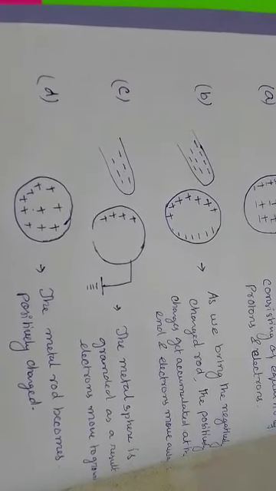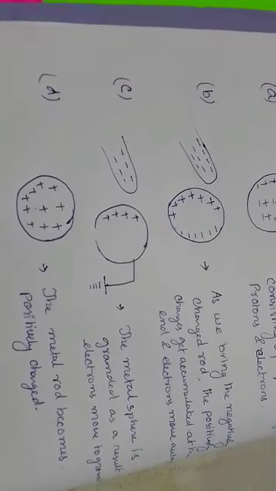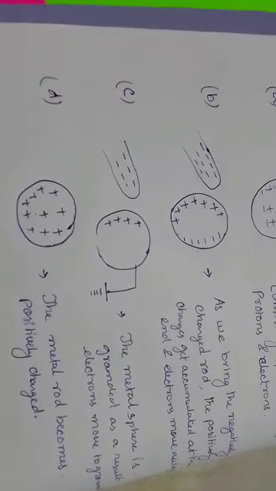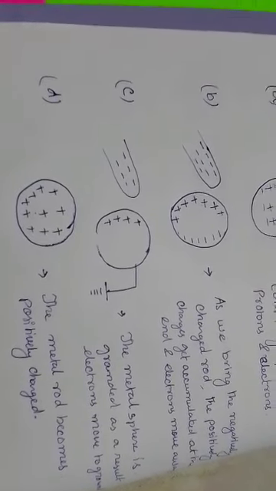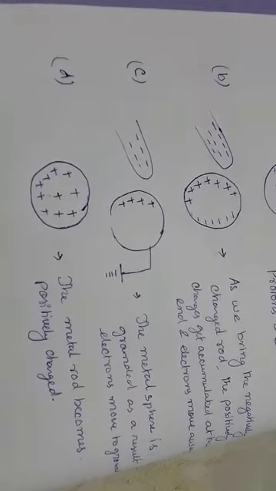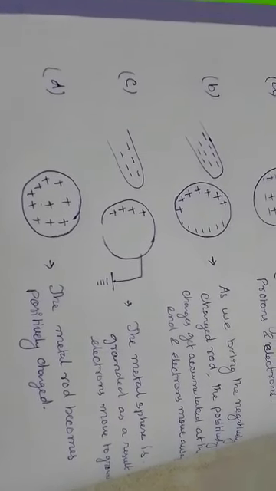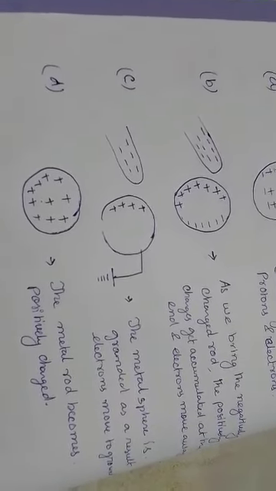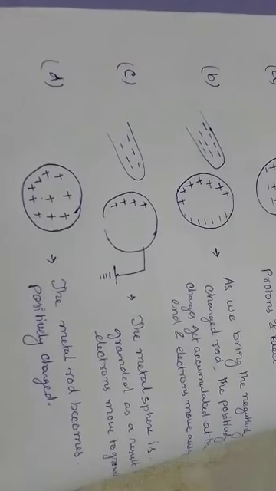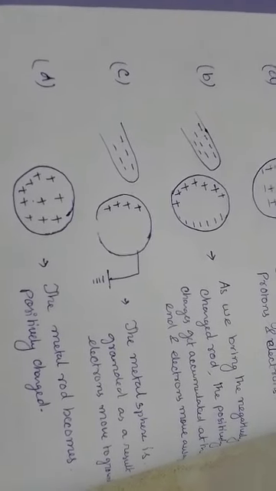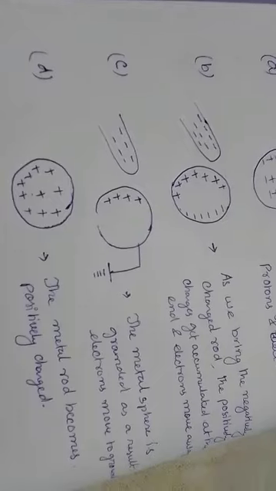The metal sphere is grounded in the third case, and so the electrons move towards the ground. And the fourth case is that the metal sphere becomes positively charged. This is how we can make the neutral metal sphere positively charged.